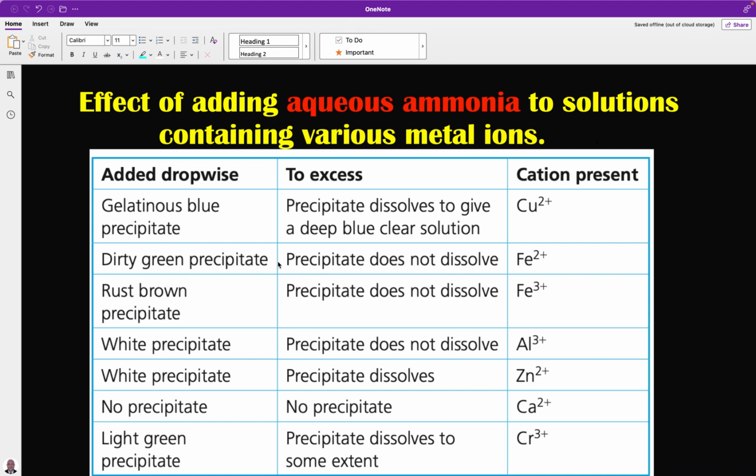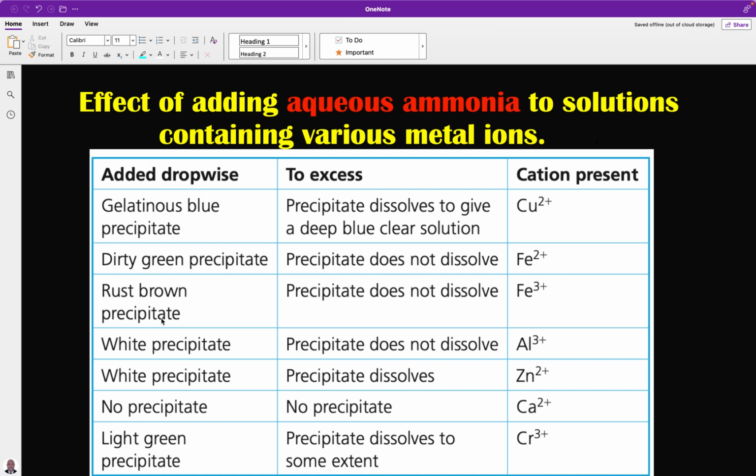Then we proceeded in adding the aqueous ammonia to excess, and realized that the precipitate does not dissolve. Our conclusion, or our inference, will be that iron(II) ions are present in that solution.